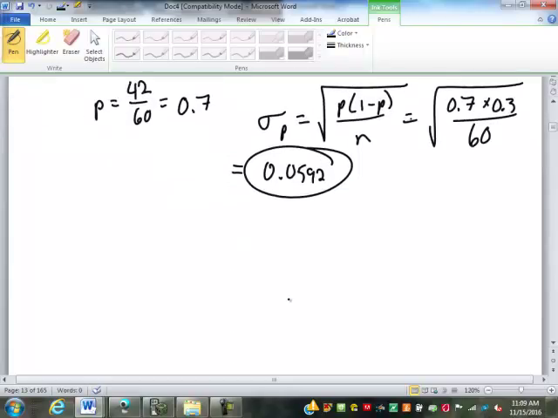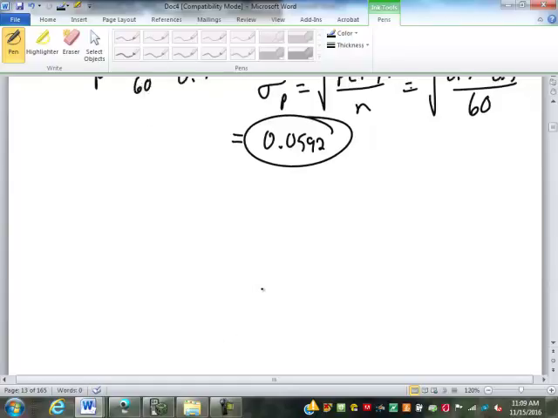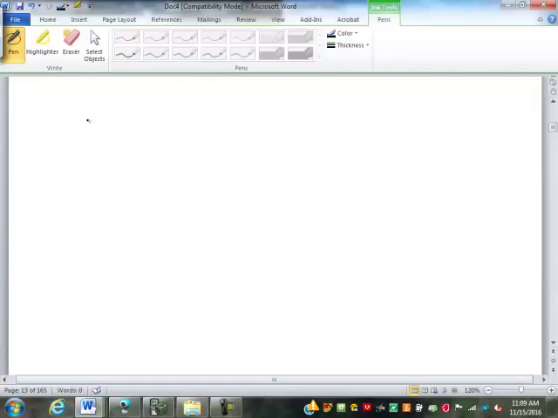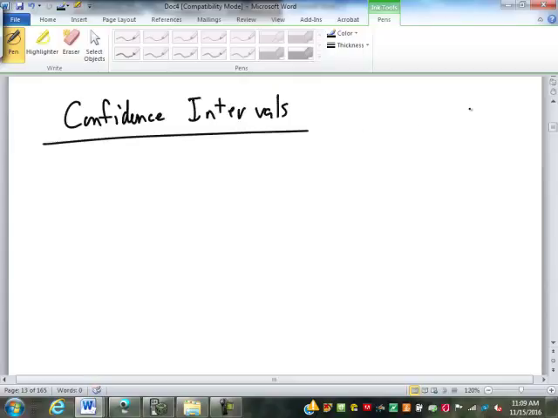Okay, let's actually get into some of our tests. Now, let's talk about intervals first here. We have 3 types of confidence intervals we're going to find. 2 of them are for the sample mean.